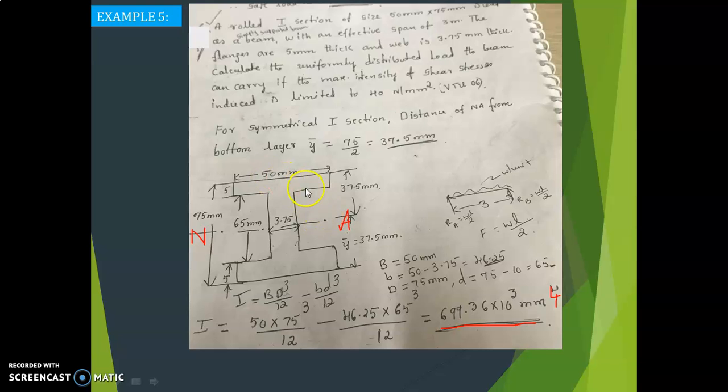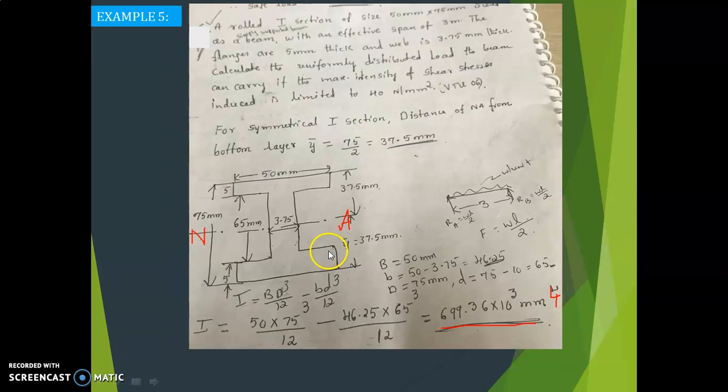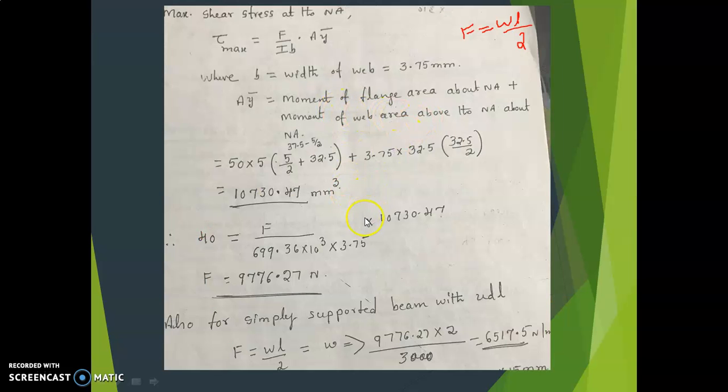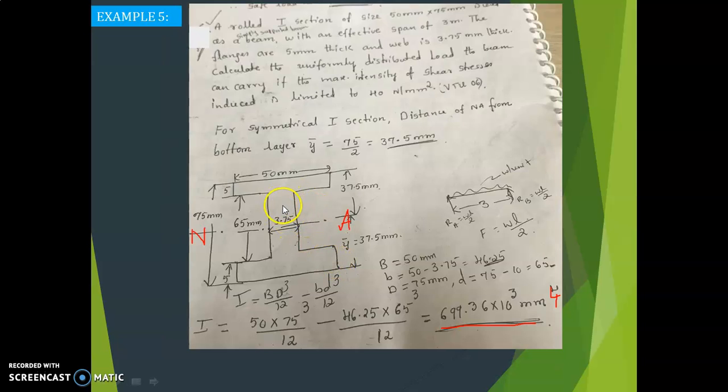Moment of flange area about neutral axis means this portion, and moment of web area above the neutral axis, because we are considering only this portion. So the moment of the web area above the neutral axis, about the neutral axis.